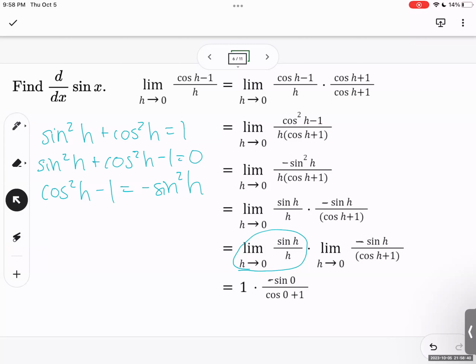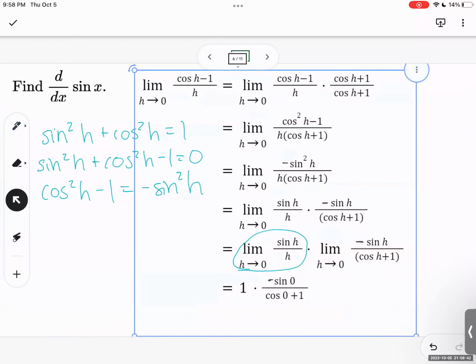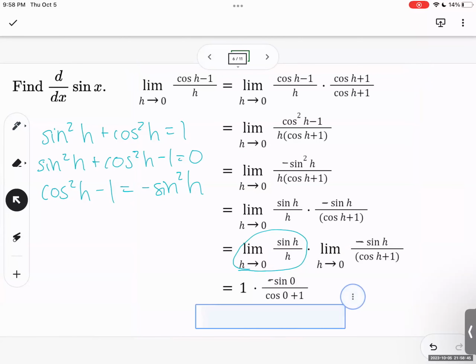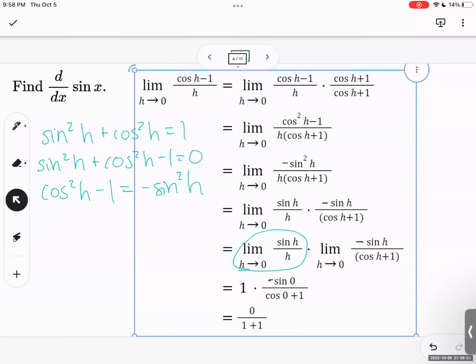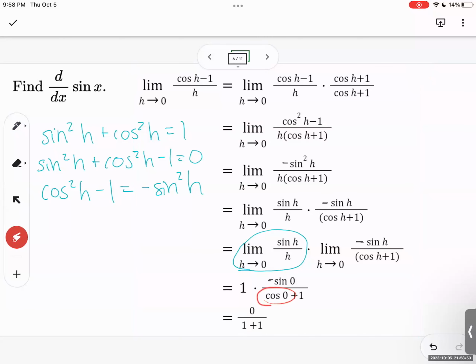So negative sine of 0 is still 0. So we have 1 times 0 over cosine of 0 is 1, plus 1. So we have 0 over 2, which is just 0.